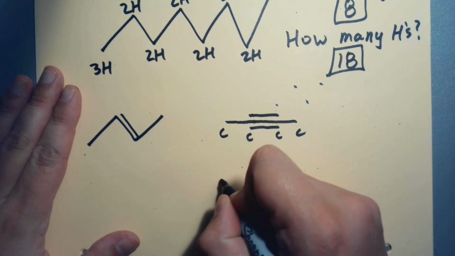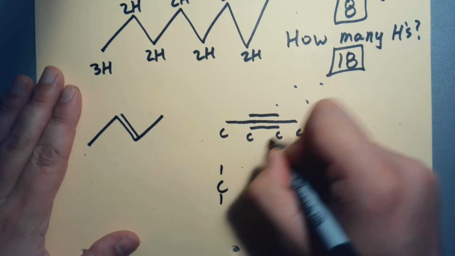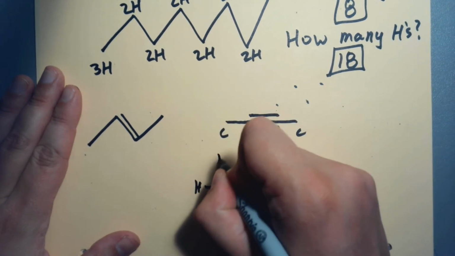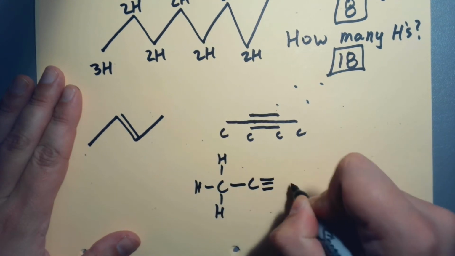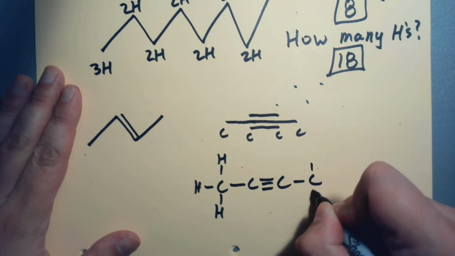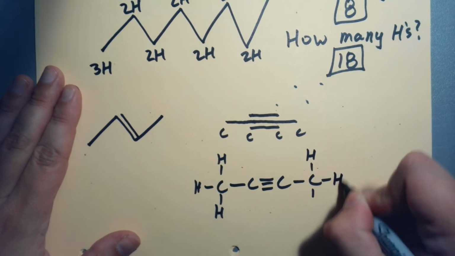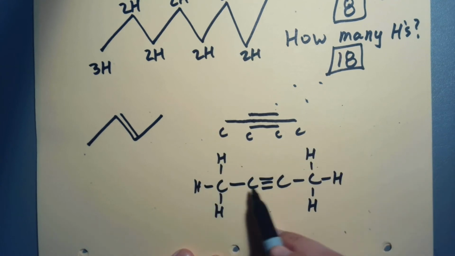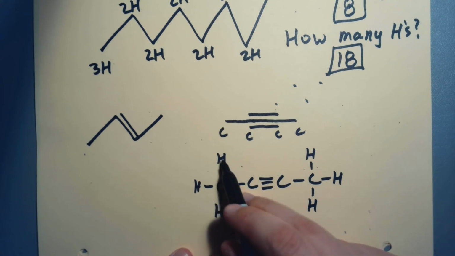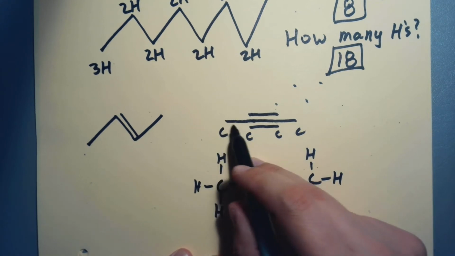So to be clear, the Lewis structure for this molecule with the triple bond, I'm just going to draw the whole thing. Looks like this. Okay? So it's a 4 carbon chain. 1, 2, 3, 4. And we've got a CH3 over here. We've got 3 hydrogens because this carbon's only making 1 bond.